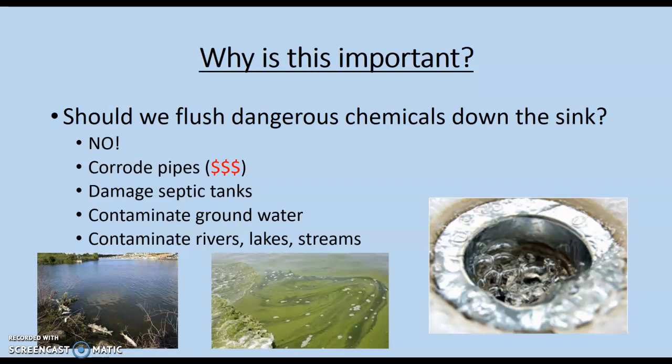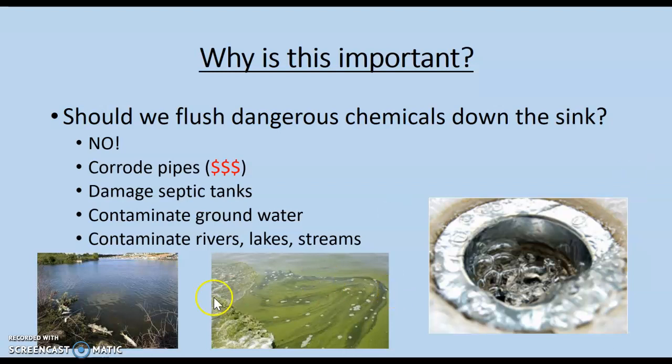Or if you are connected to a sewer, a lot of times these chemicals will go through the sewage process, but they'll still make it out on the other side of the filter. So then when that water is sent into our rivers, lakes, and streams, it contaminates them. And you know, there's wildlife that rely on this water.